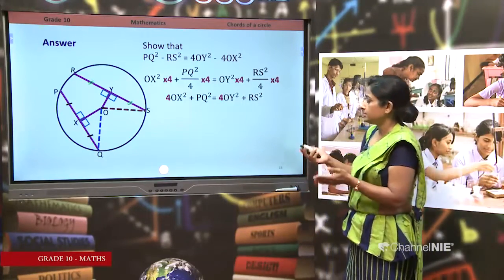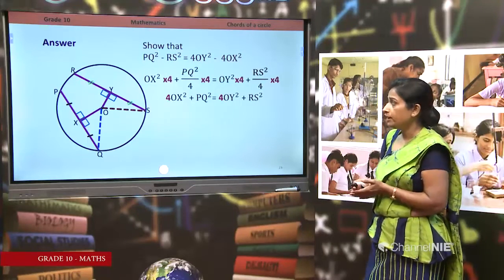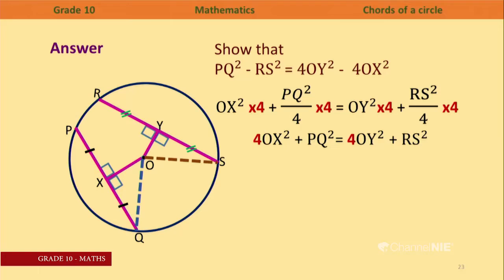So we got 4OX squared plus PQ squared equals 4OY squared plus RS squared.